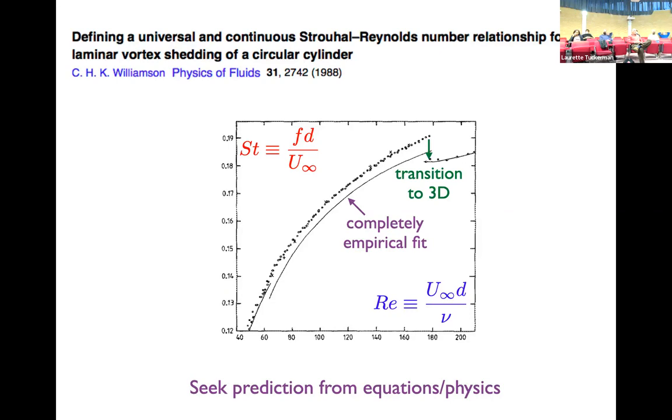This is the key figure in his paper from '88, so a lot has happened since, but at the time, it's the key figure. Those dots are his experimental points, the frequency, and the curve is a completely empirical fit, some kind of function that he just made up. It was considered so important to know the frequency as a function of Reynolds number that they published a paper with purely an empirical fit to that.